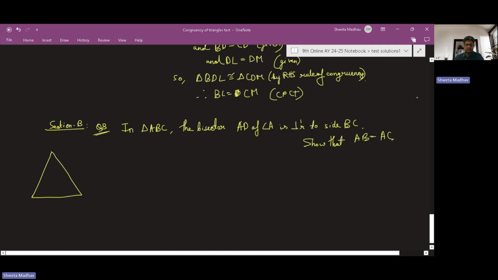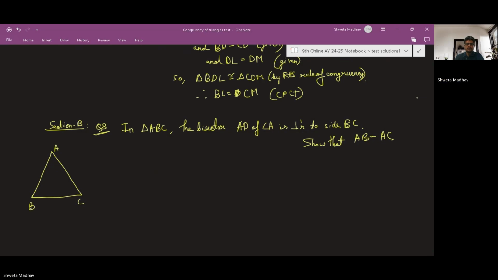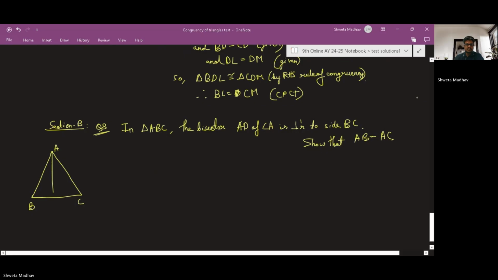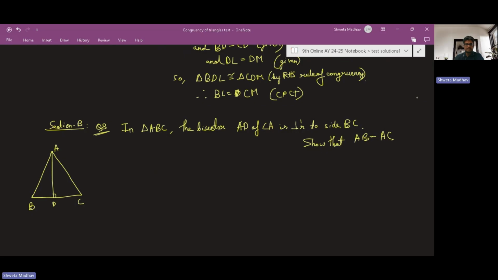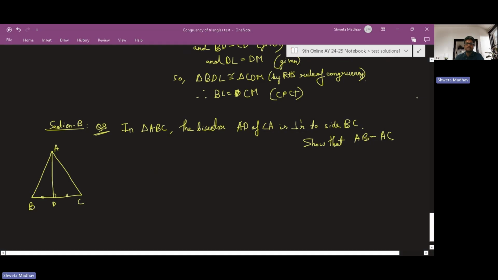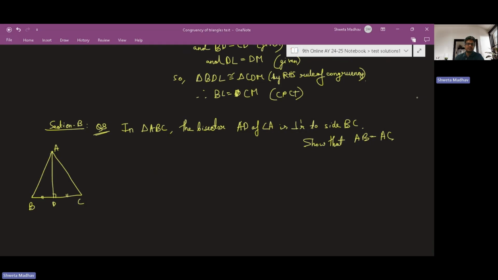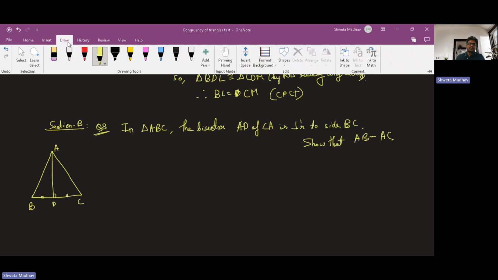So here, in triangle ABC, the bisector AD is perpendicular to BC. The bisector AD of angle A, so it is the angle bisector.